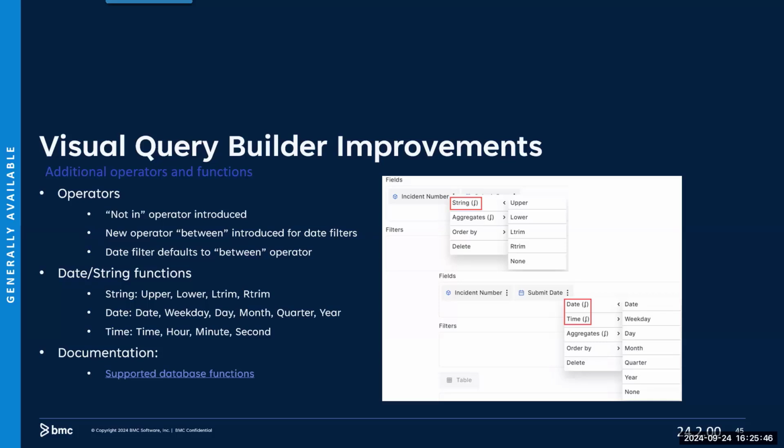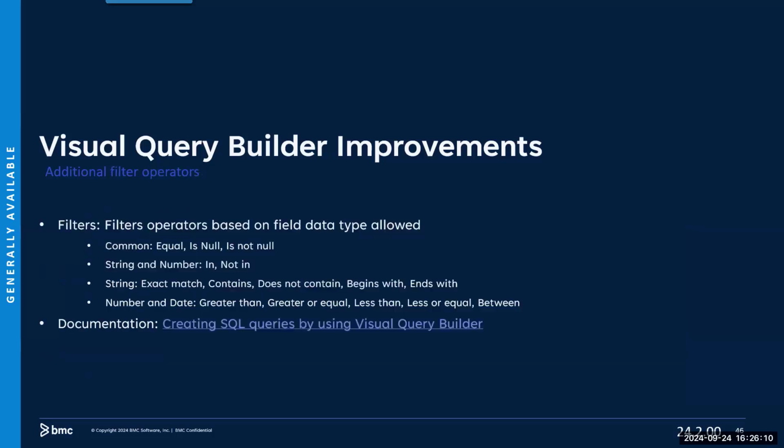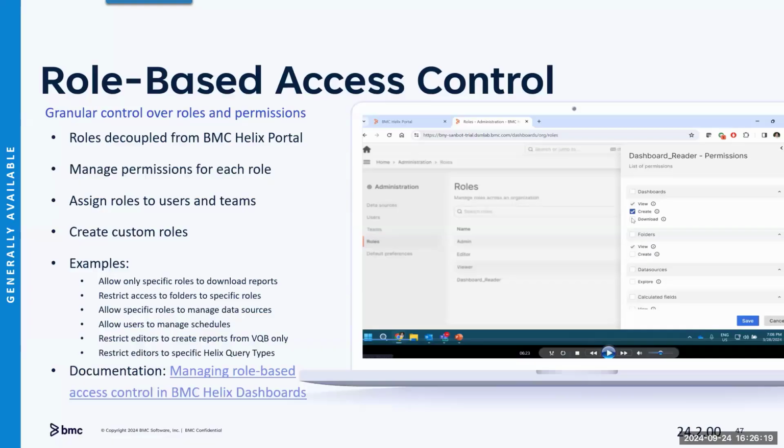If you want to strip them off, you'll use functions like ltrim, rtrim. You can also convert dates into certain date types, like just display the weekday for a particular date, or day, month, and so on. You can do all of that using these functions. Likewise, some additional operators: is null, is not null, equal, and so on. Now, all of this is available.